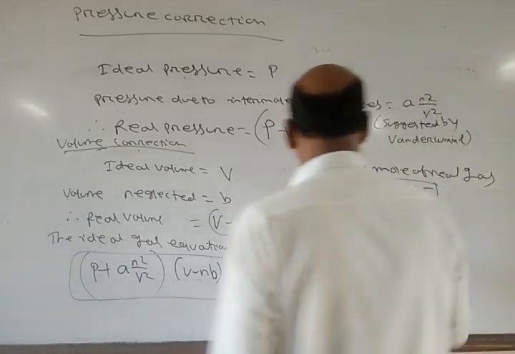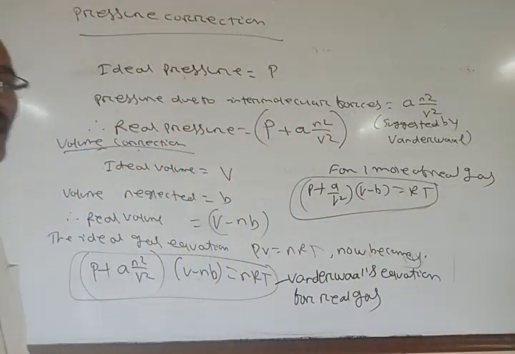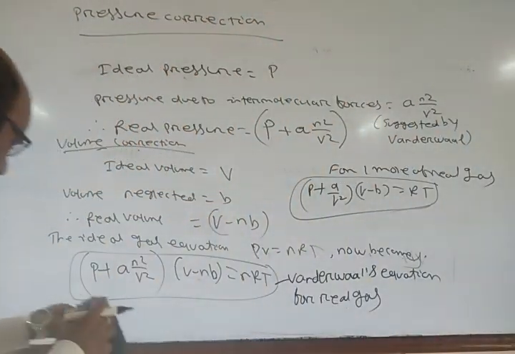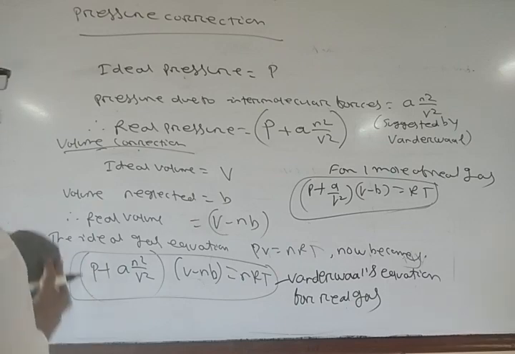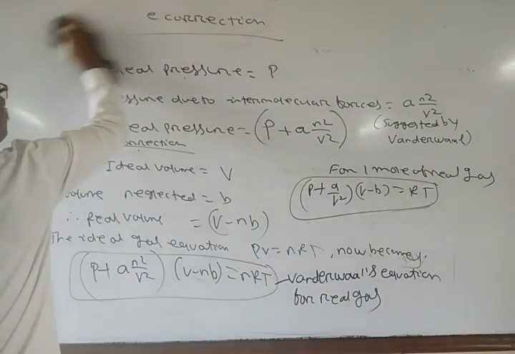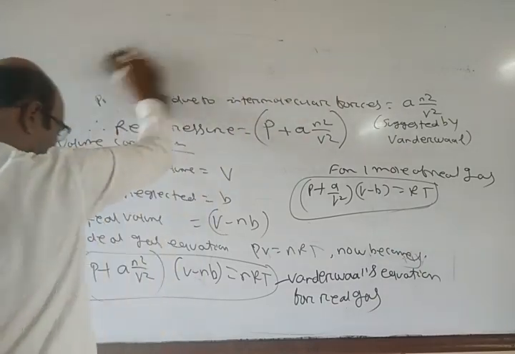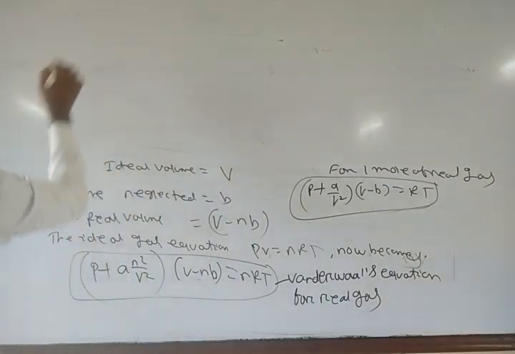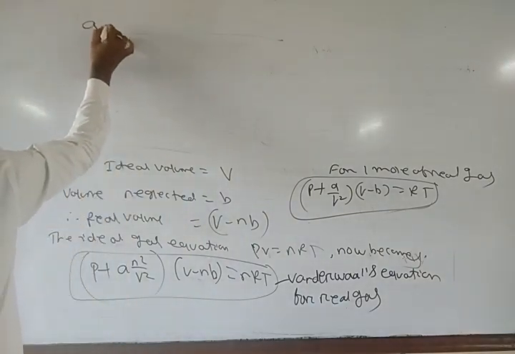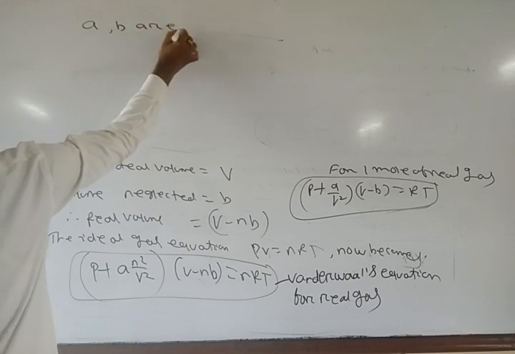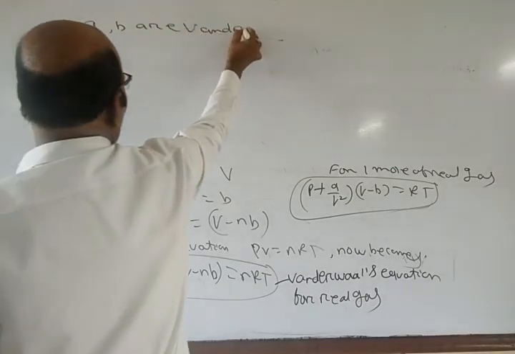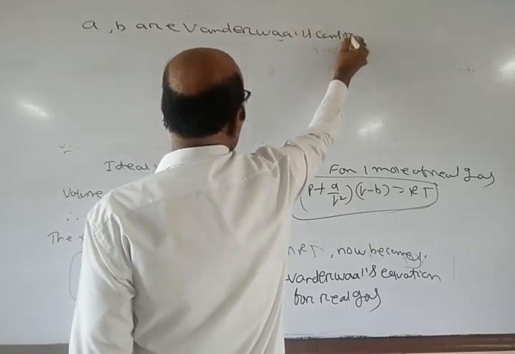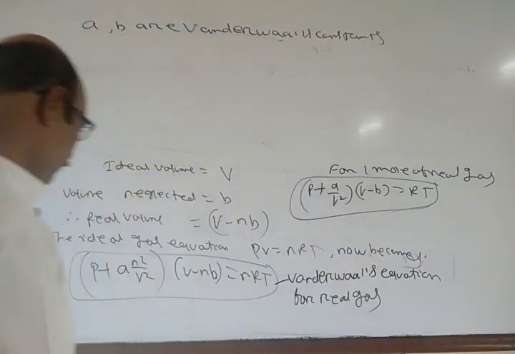Here a and b are called the Van der Waals constants.